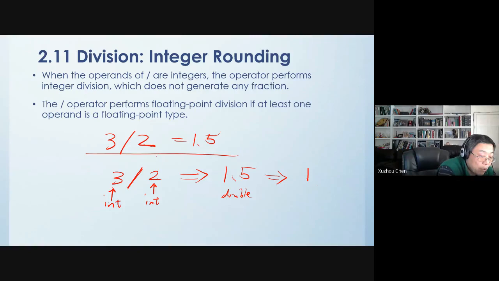Now, in order to avoid the mistake, you can do what? You can change the type of each of these numbers, right? If you type 3.0 divided by 2.0, then Java thinks, oh, this is a floating point, and this is another floating point. So it's 1.5, a floating point.